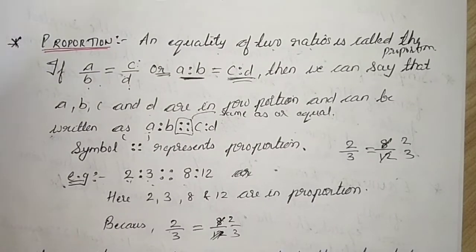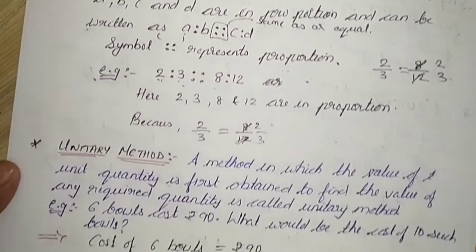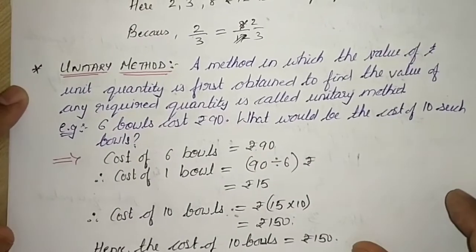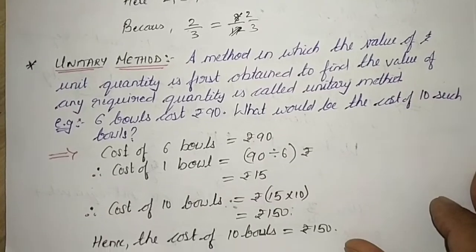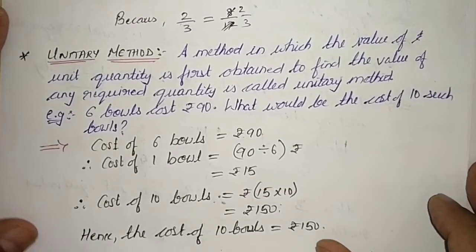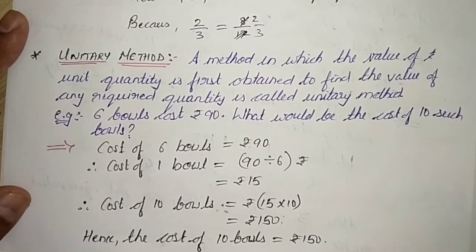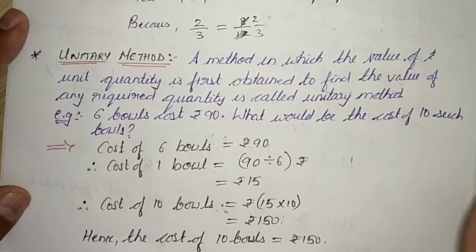One another form for comparing quantities, and that is unitary method, which is very familiar from childhood. Right now also it is explained from 3rd or 4th standard onwards. First of all, let me give you the definition of unitary method.